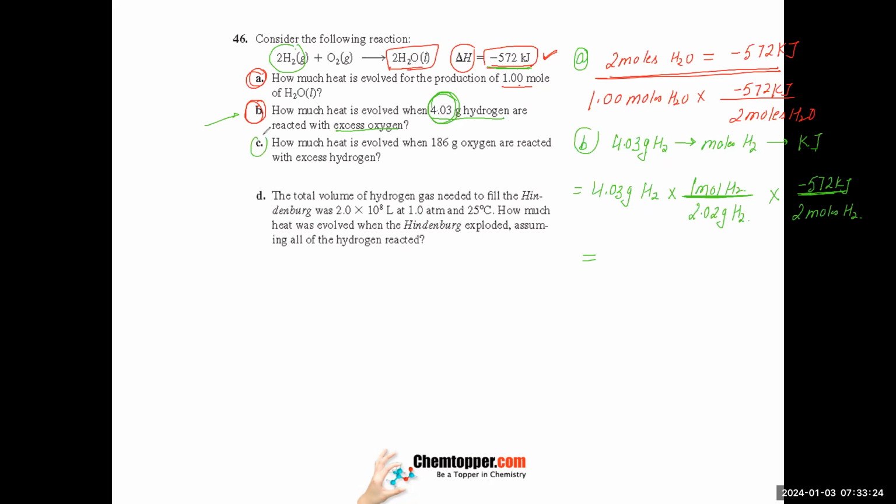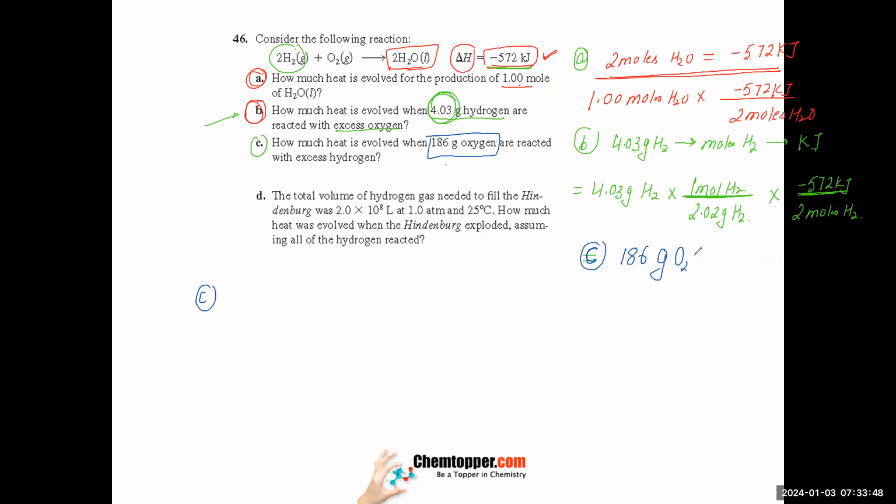Now let's do the C part. How much heat is evolved when 186 grams of oxygen reacted with excess of hydrogen? So the limiting reactant is oxygen because the other one is in excess. 186 grams of oxygen.